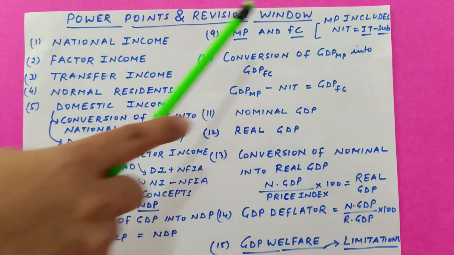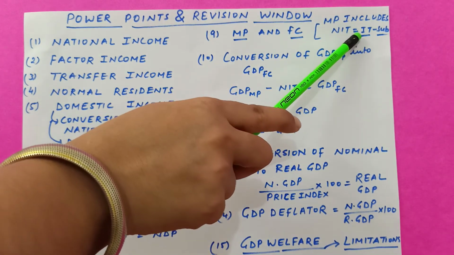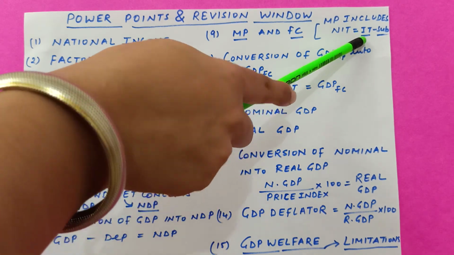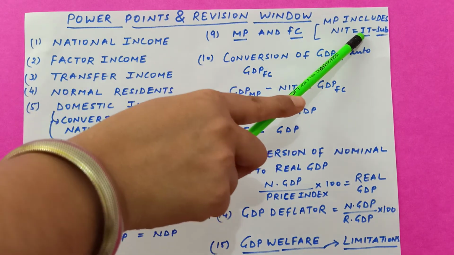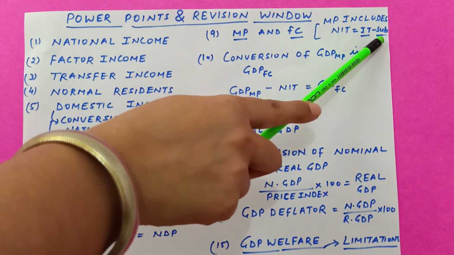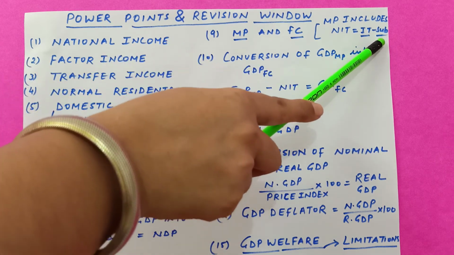Indirect taxes are the taxes whose burden falls on producers as well as consumers, and subsidy is the grant given by the government.